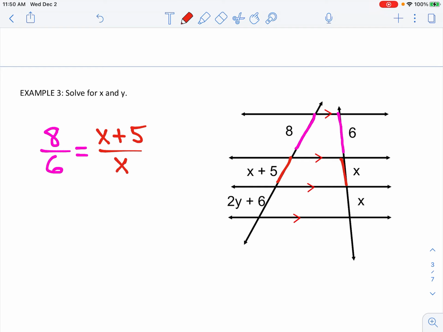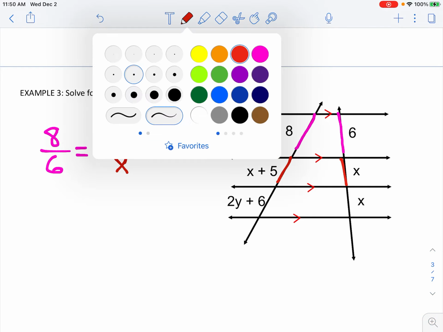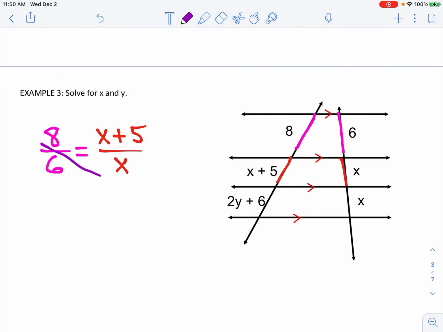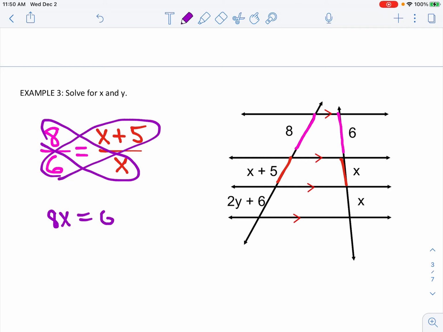I'm going to cross multiply and solve this, and watch how we do the cross multiplication with multiple things in it. 8 times x will give us 8x. What's technically happening here is I need to take that 6 times the x plus 5.